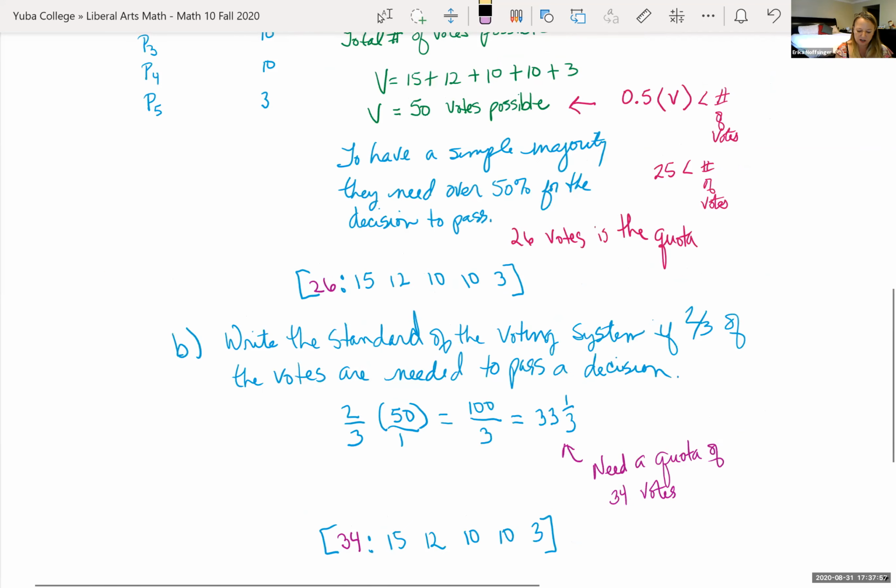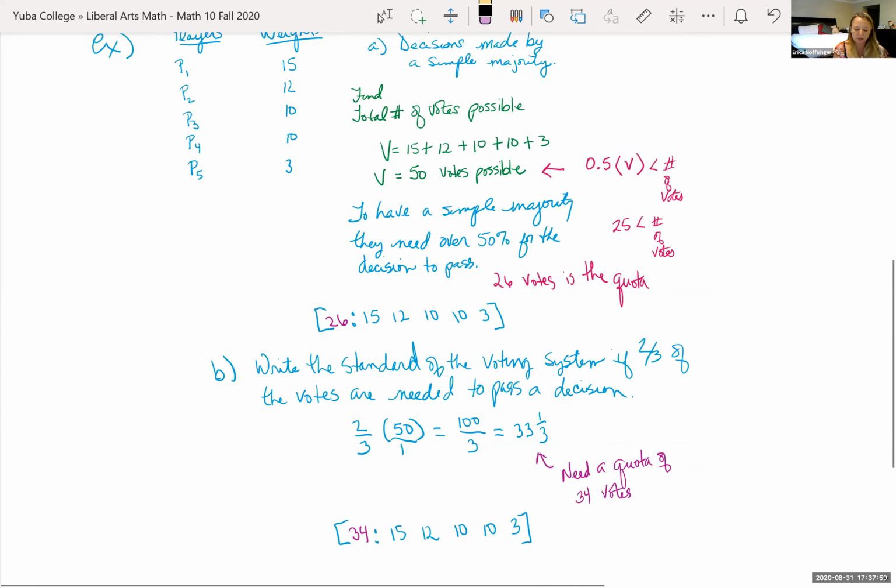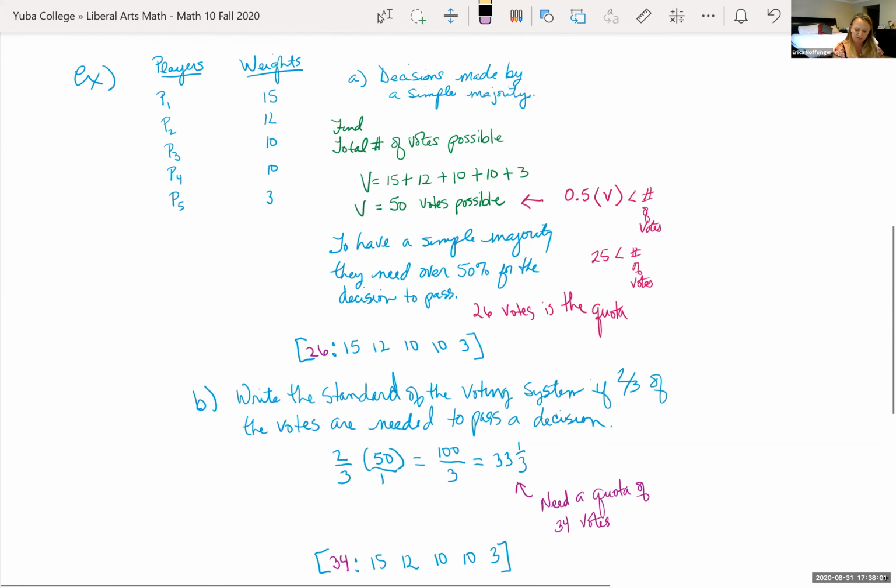Okay, so just terminology and how we would rewrite the standard notation of the voting system, and how, looking at it, you can go back and read it. So if you see this, you should know what the quota is. You should know how many players, because you can count 1, 2, 3, 4, 5 players in here, and what the weight of each player is.